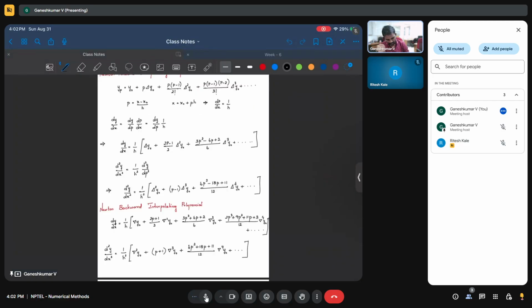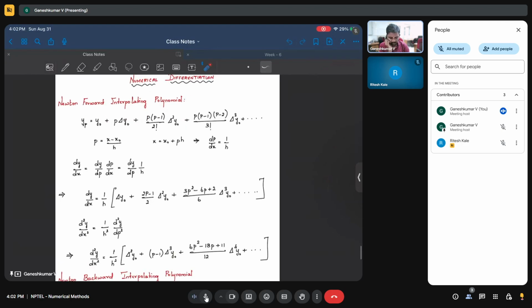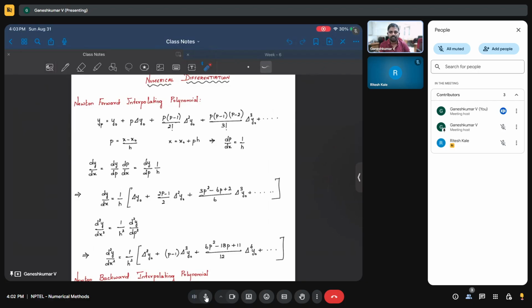Before we get into problems, we'll quickly go through what we studied this week. In numerical differentiation, the first thing we started with is the Newton forward interpolating polynomial. Whenever a set of data points is given, we need to construct a polynomial from it, and you can construct it in different ways.